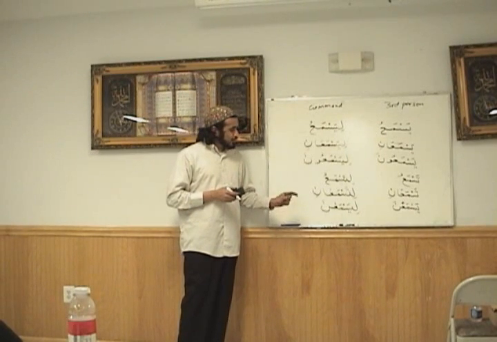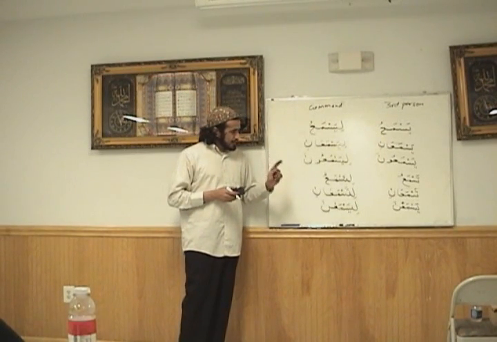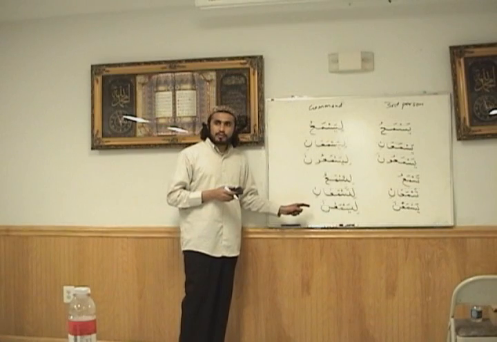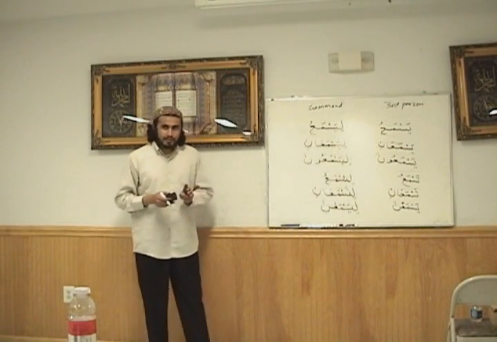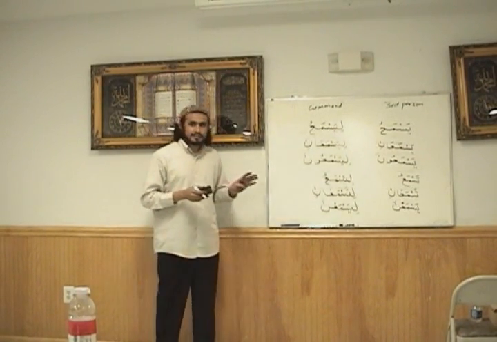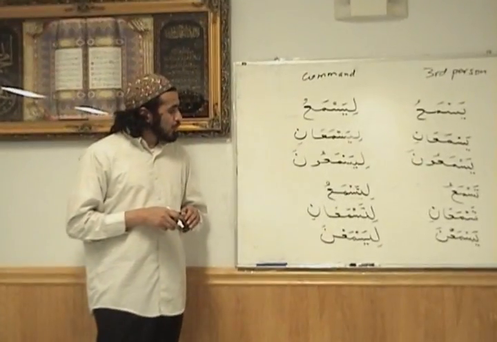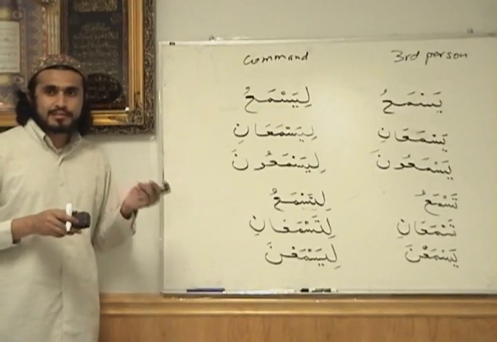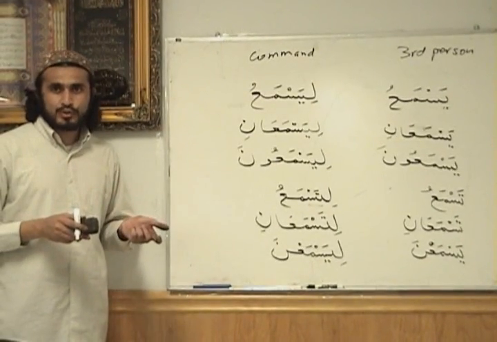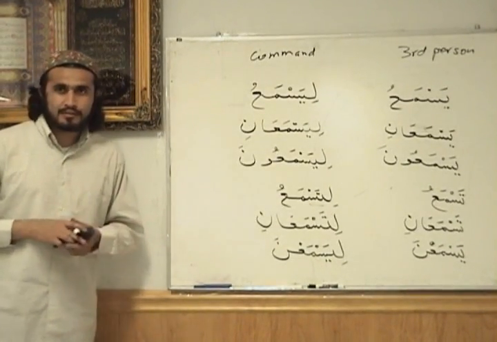If the noon is for feminine plural, leave it alone. If the noon is for anything else, get rid of it. If there is no noon, change the last letter to a sukoon. Get it?